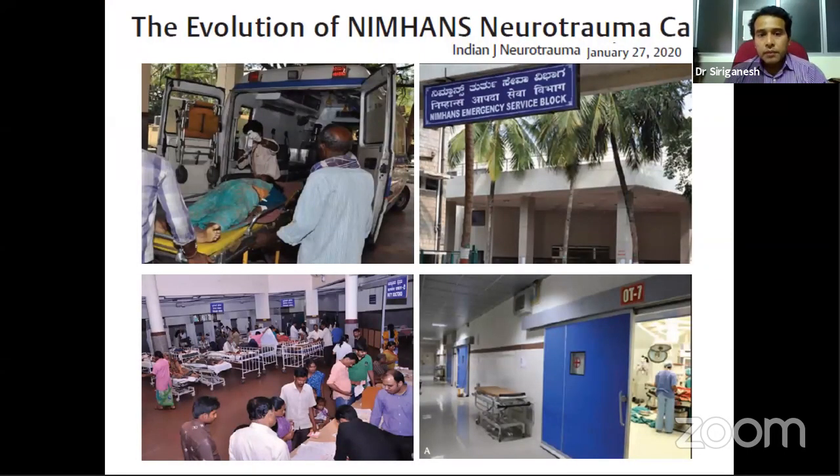So the acute care pathway of traumatic brain injury, this is how we do it at our place. Most of the patients arrive from the scene of incident, either trauma, road traffic accident, or assault or fall. They are brought in an ambulance, seen in the emergency department, triaged, imaged, neurologically assessed, and then if found appropriate for surgery, are taken up for surgery as early as possible if there is a focal lesion.